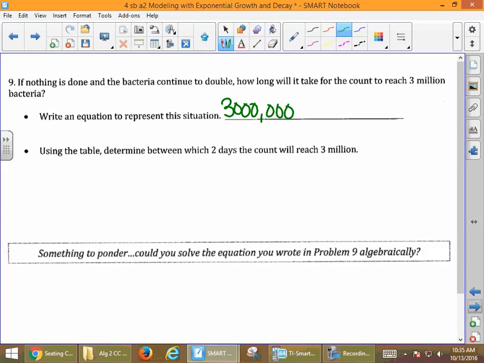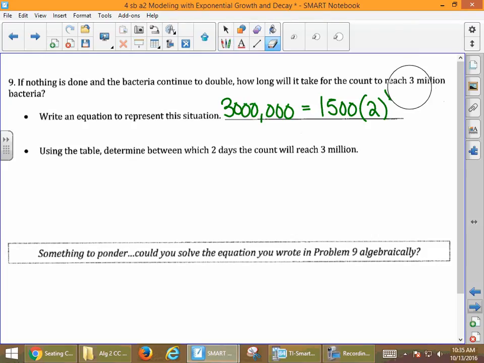Our function's not going to change. It's still, we start with 1500, and we're going to double each day. I'm going to write a T there instead of an X. So we're going to use our table on our calculator to figure out which 2 days will reach between 3 million.